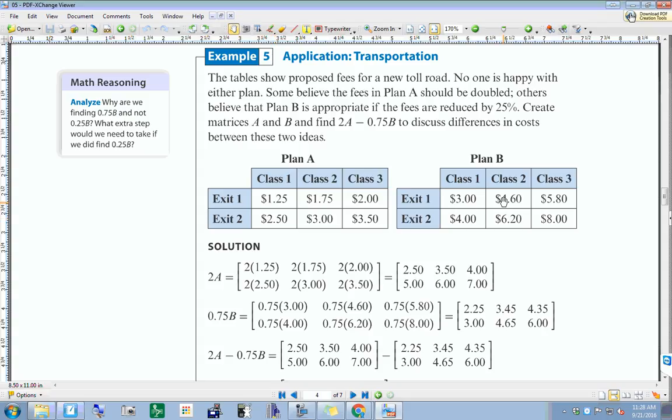If I go over here and it's supposed to be reduced by 25%, if I take 25% away, what percent do I really have left? 75%. So if I take 75% of this and this and this and this and this and this, do I get my new prices? Kind of like going shopping and finding out that everything in the store is 25% off. So you're really only paying 75%.